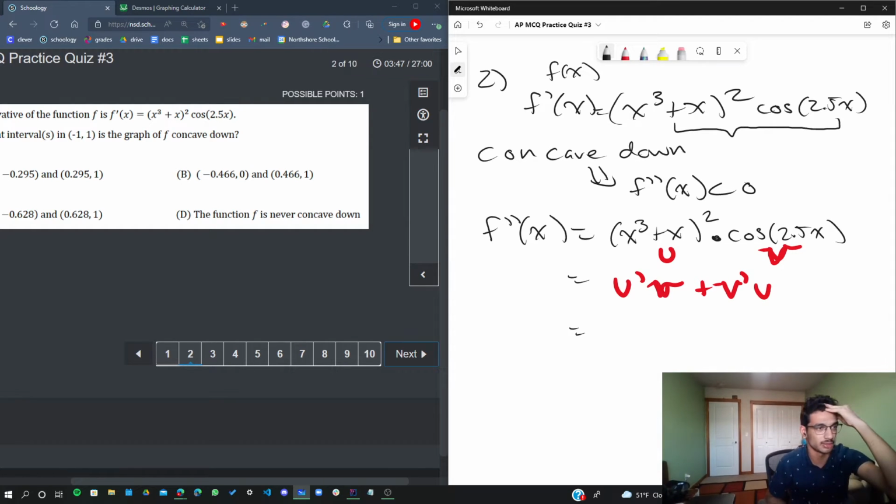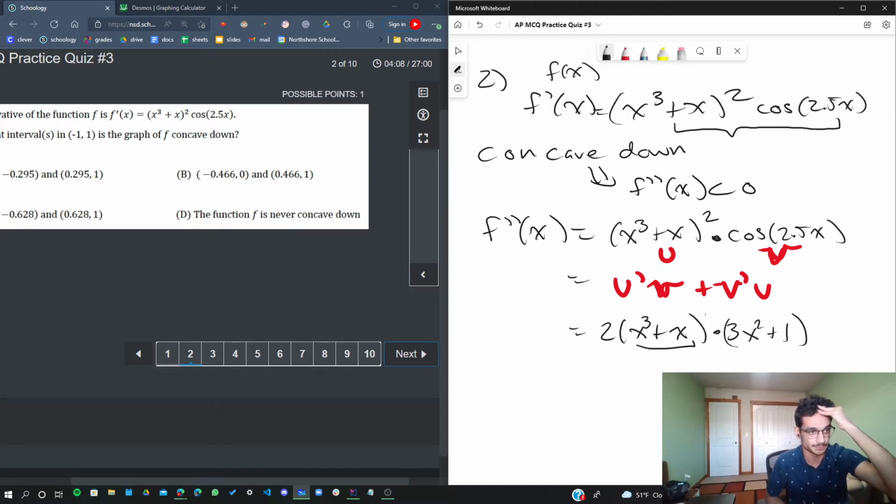So u prime is chain rule. I bring the 2 out here, treat this as one quantity, and then inside I take the derivative, which is 3x squared plus 1.